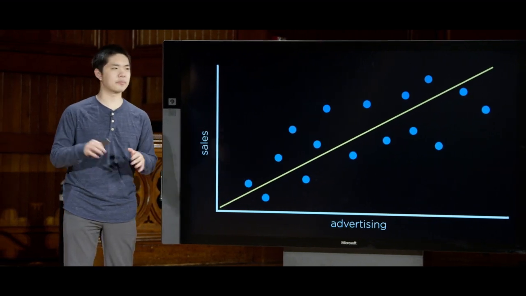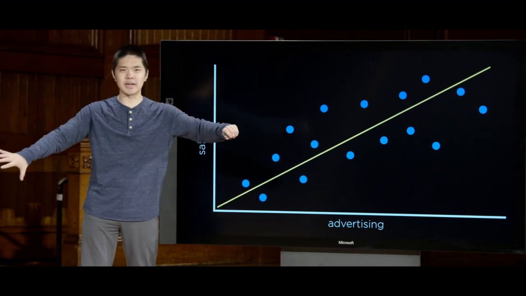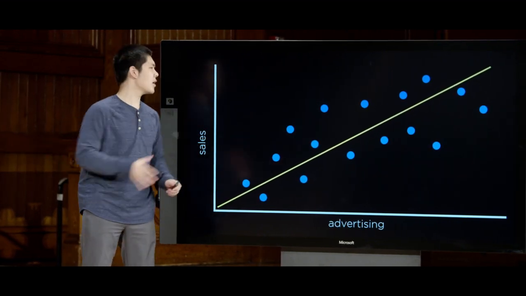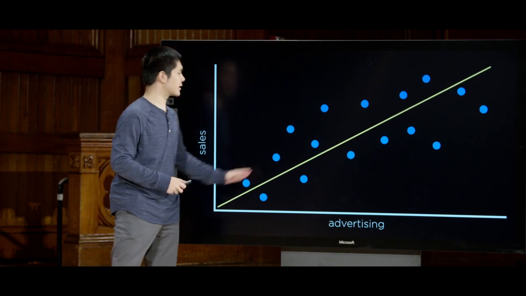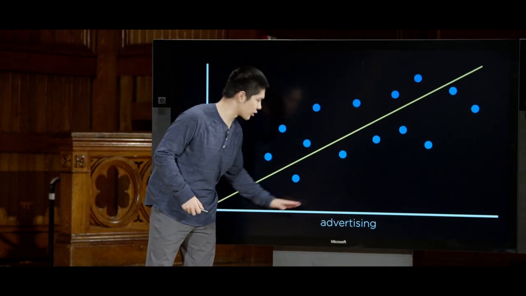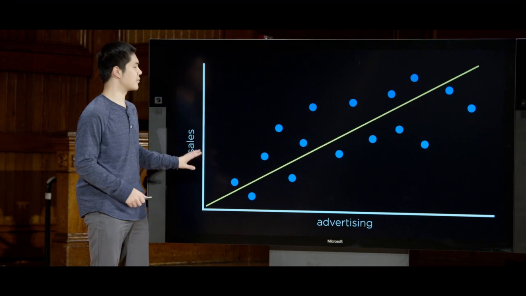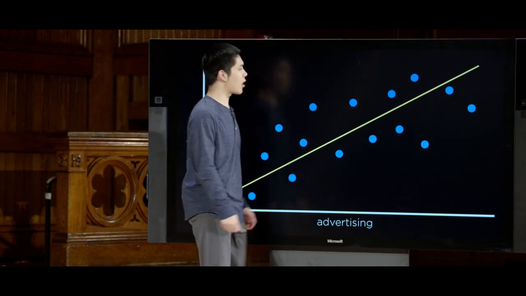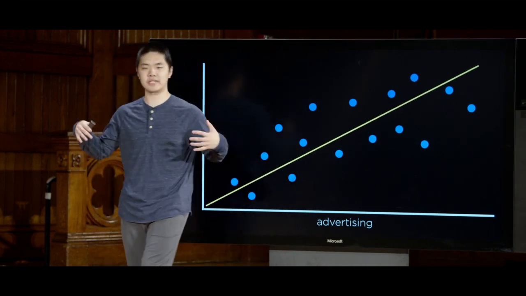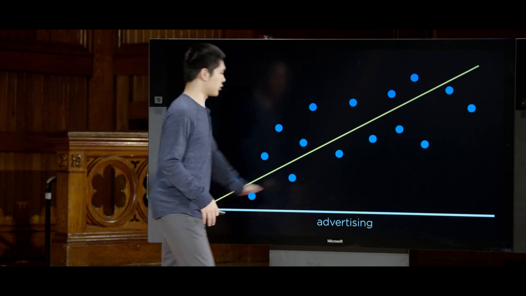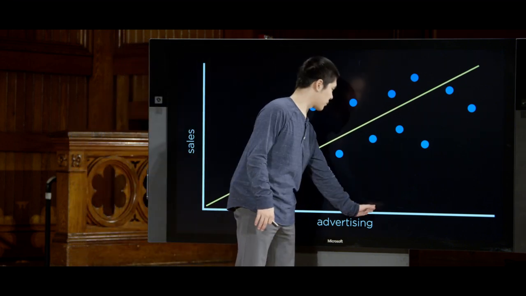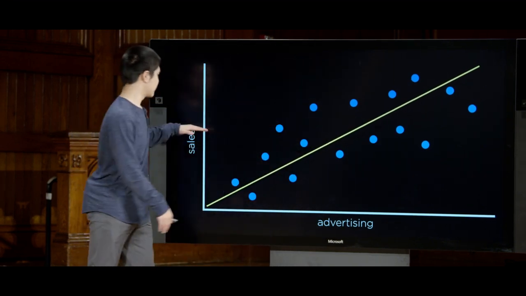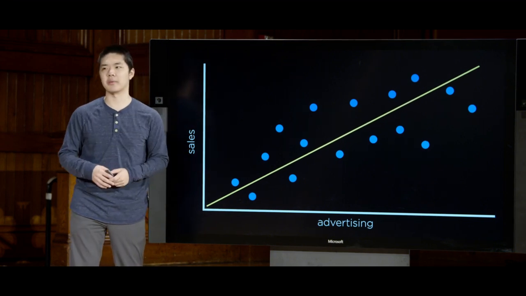And in this case, unlike before, we're not trying to separate the data points into discrete categories. But instead, we're just trying to find a line that approximates this relationship between advertising and sales, so that if we want to figure out what the estimated sales are for a particular advertising budget, you just look it up in this line, figure out for this amount of advertising, we would have this amount of sales, and just try and make the estimate that way.